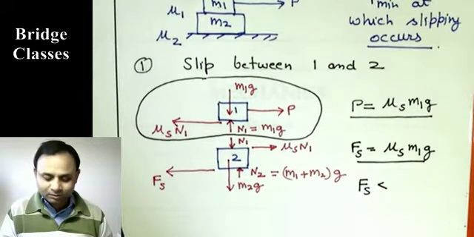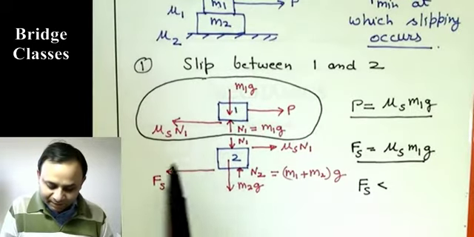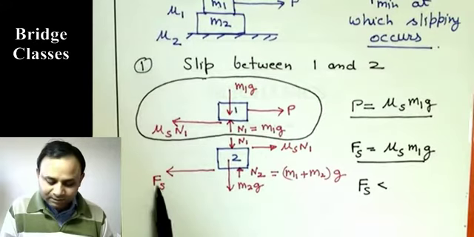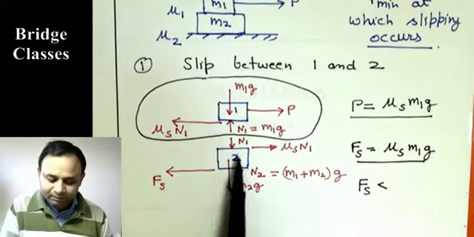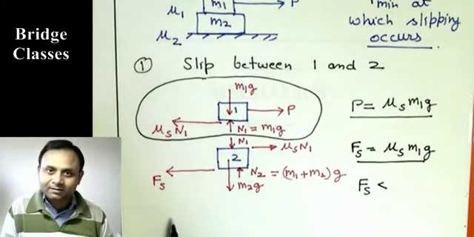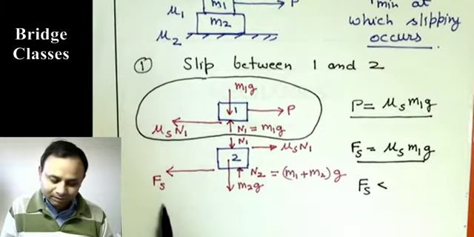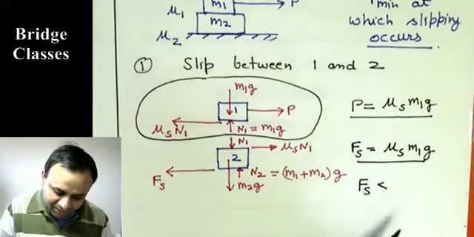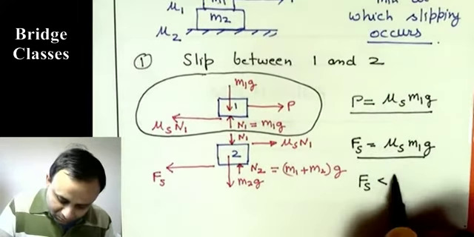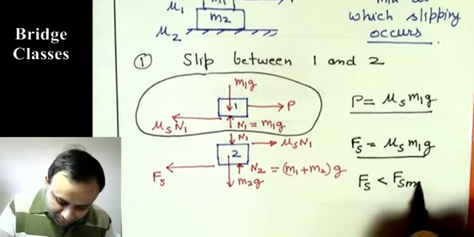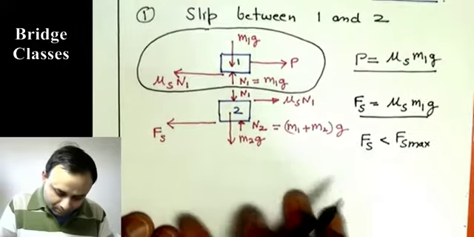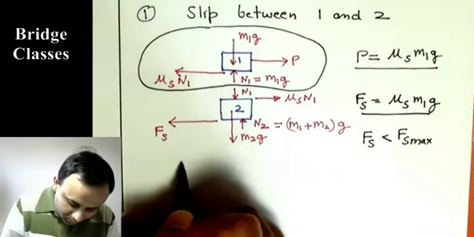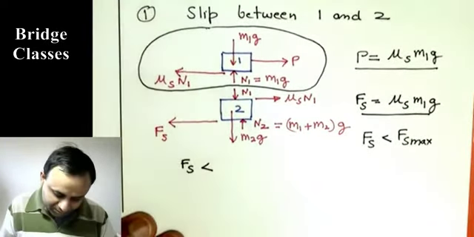Because if the body can supply Fs max here, this Fs, for it to be stationary with this equilibrium, has to be less than that. Otherwise the body is going to slip, and our assumption is going to be wrong. And what is Fs max? This is less than Fs max.